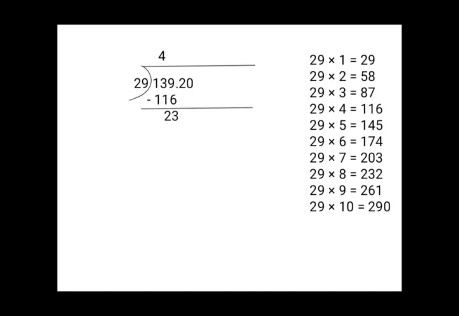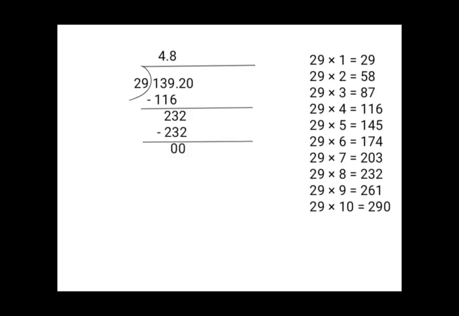How much? 23. Before you bring one digit down, there is a decimal point. So you have to put the decimal point in the quotient place, and then you have to bring one digit down. 29 eights are 232. 232 minus 232 is 0.